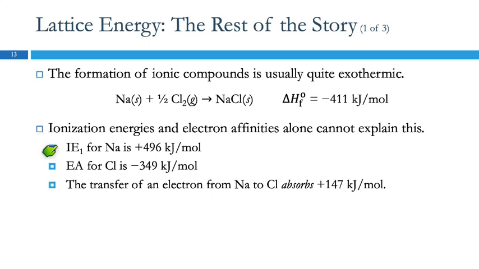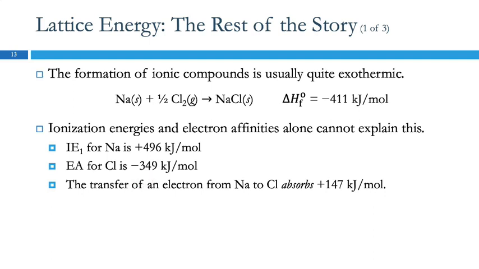Well, now we know about ionization energy. So the sodium has to lose an electron, so that's going to cost 496 kilojoules per mole. That's the first ionization energy for sodium. And then the chlorine is going to gain that electron, so that's the electron affinity, so -349 kilojoules per mole.